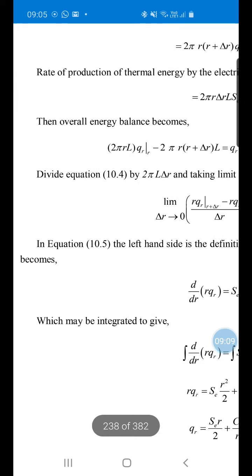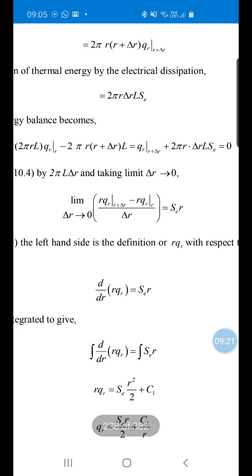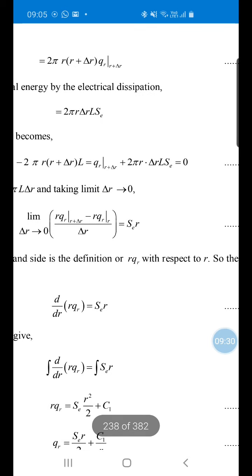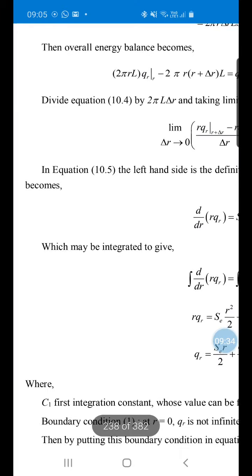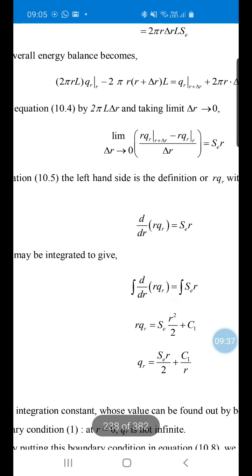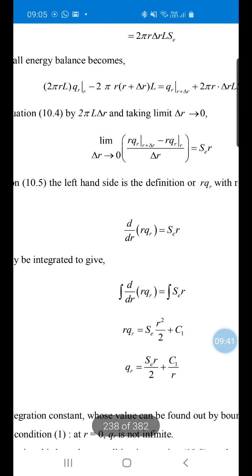So we can write the overall energy balance for this system as 2 pi r L Qr at r minus 2 pi (r plus delta r) L Qr at r plus delta r plus 2 pi r delta r L into Se. So what you can do is divide this equation by 2 pi delta r into L. What does the equation become?